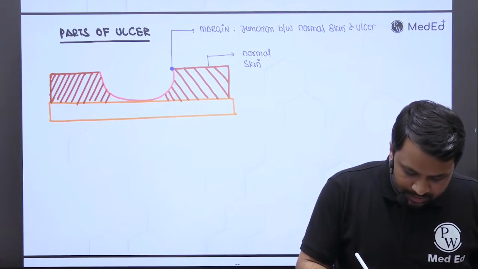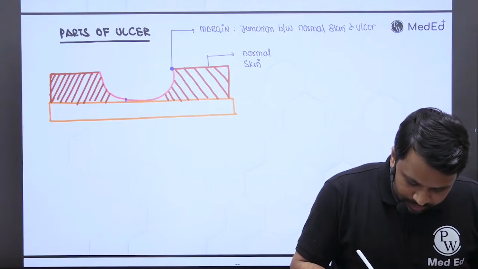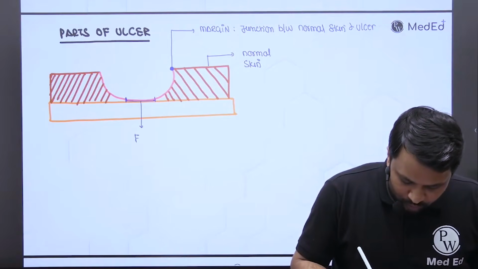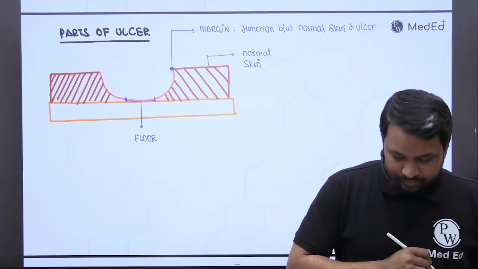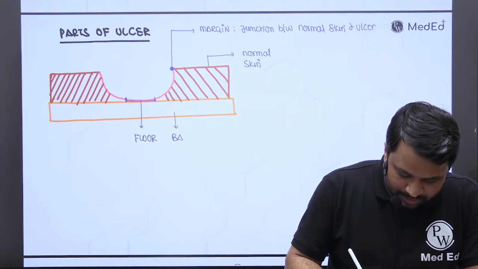Then you see this area which is touching, the area that is resting on the lower part, which you see here. This is what we call the floor of the ulcer, right? Now what it is resting on is what we call the base of the ulcer.